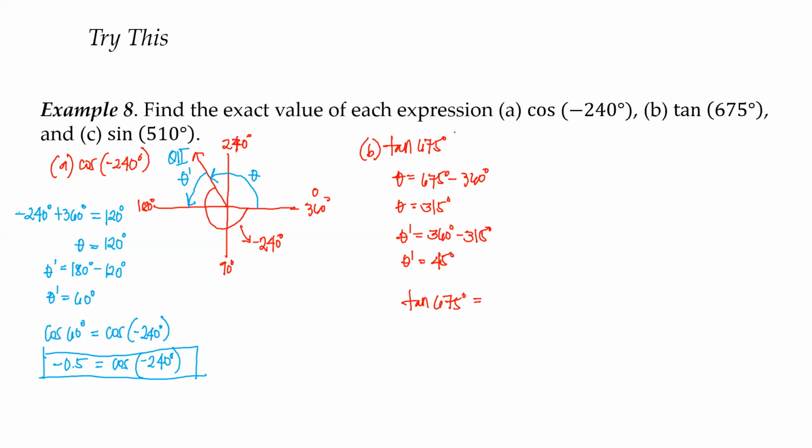So we should expect that y over x, which is negative divided by positive, will yield a negative answer, and tangent 45 is equal to 1. So tangent of 675 is equal to negative 1. You try to input tangent 675 and it is indeed negative 1.